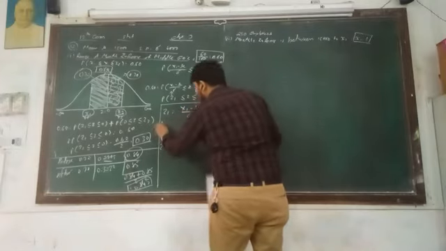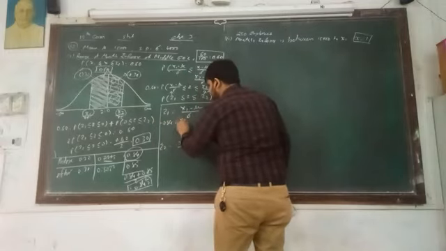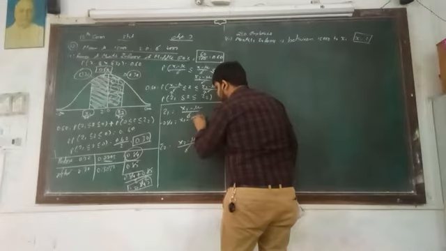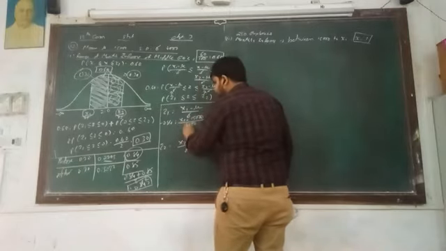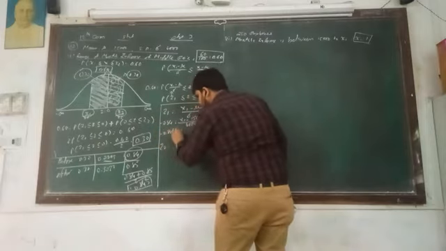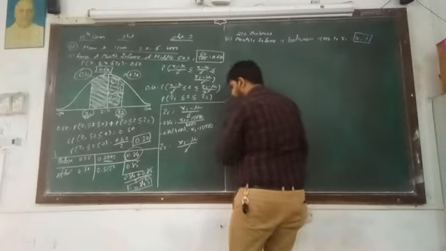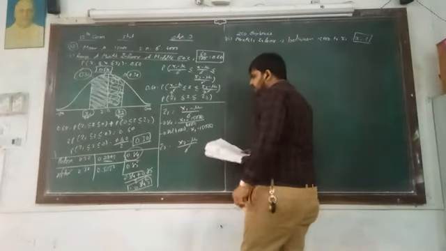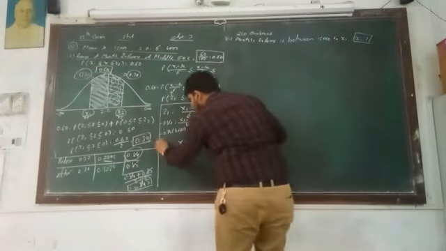So minus 0.84 is equal to x1 minus mu, where mu is 15,000 and sigma is 4,000. So 0.84 multiplied by 4,000 is equal to x1 minus 15,000. 0.84 into 4,000 is 3360.